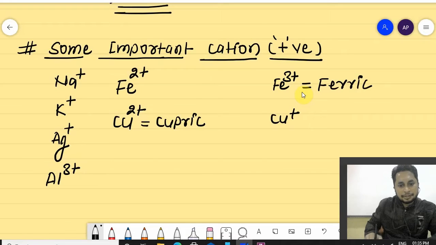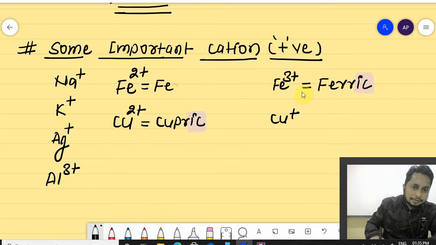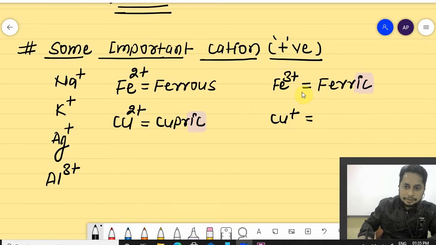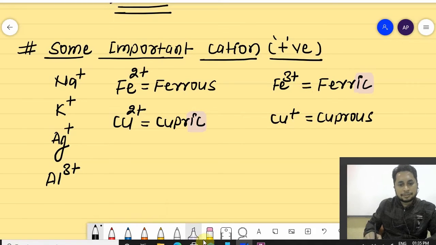The suffix will be IC. And the lower oxidation state is represented by the suffix OUS. This is called ferrous, and this one is called cuprous. The suffix will be OUS.